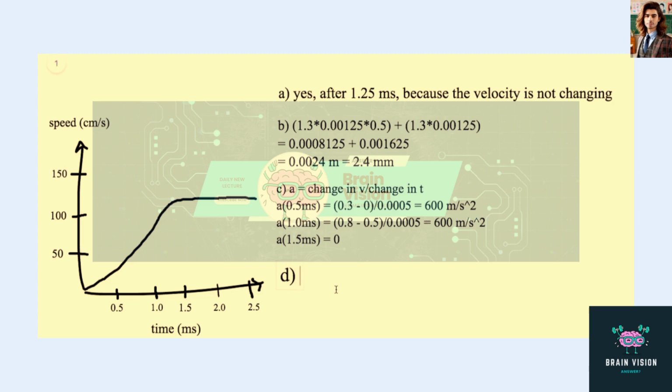So at 0.5 milliseconds, the area under the curve is just, well, the area of a triangle again is 1/2 base times height. The height is 30 centimeters, which is 0.3 meters, times 0.0005 seconds, times half.